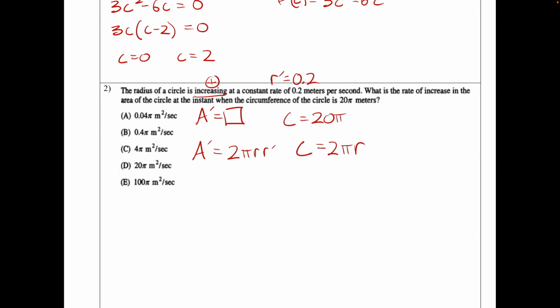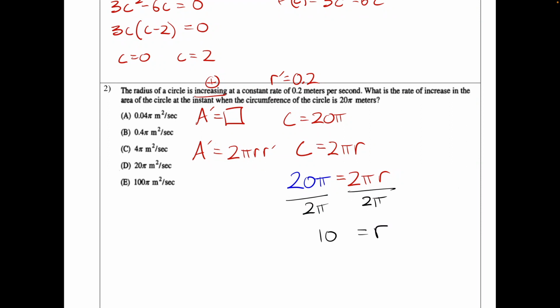Let's fill in what we got. In terms of circumference, I know that circumference is 20 pi, so I can say 20 pi is equal to 2 pi r. Let's go ahead and divide both sides by 2 pi, and again, r is equal to 10.